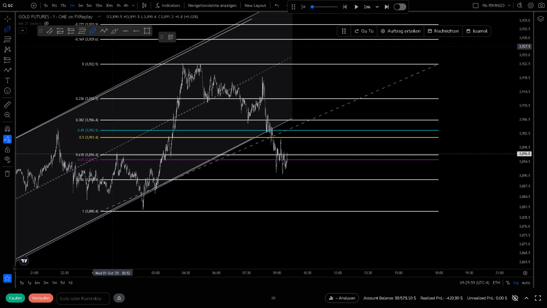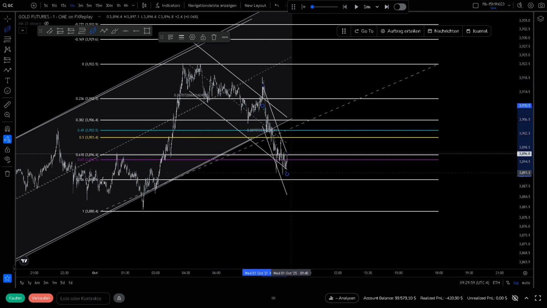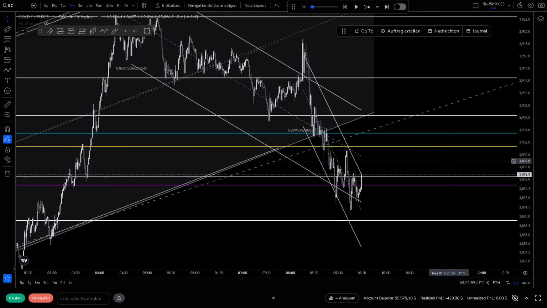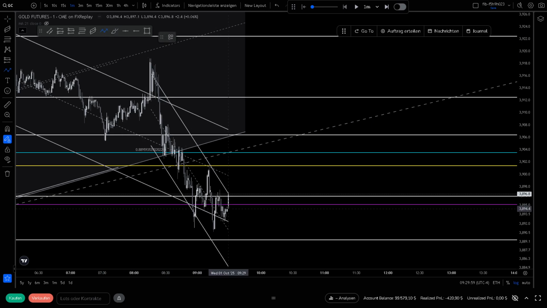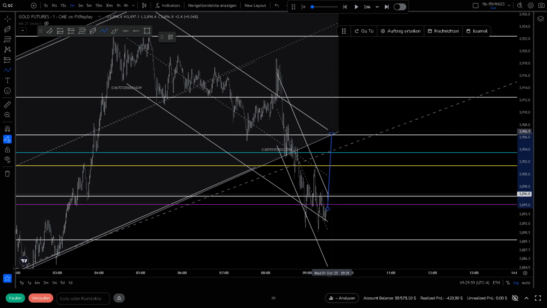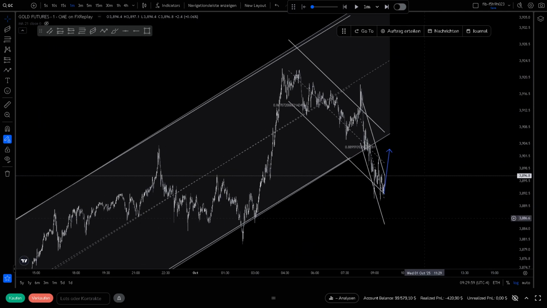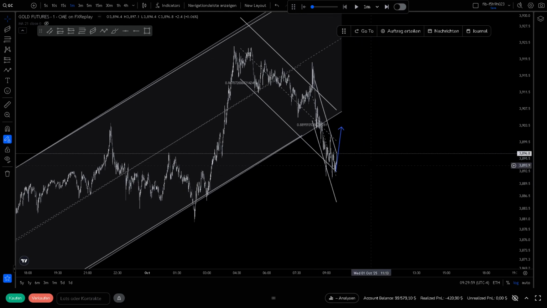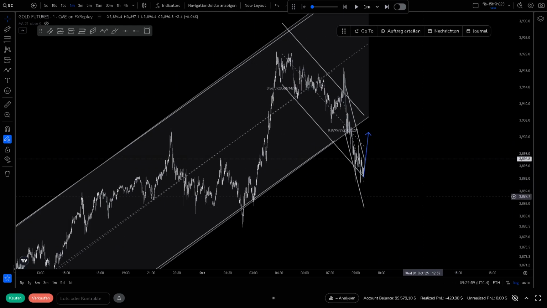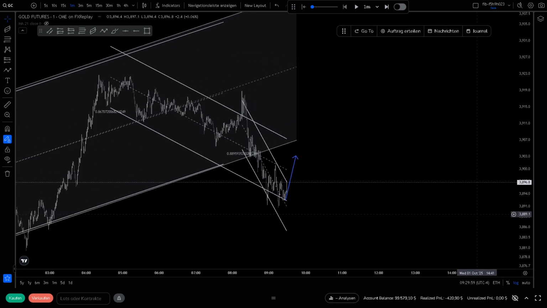Okay, so the setup for today is looking like this. Here, I'm gonna put it to here, but maybe it could also go a little bit further, but I believe that it will go to here. At least it's gonna be a little bit of a super sculpt, but I think it could go a little bit further and then eventually reverse.